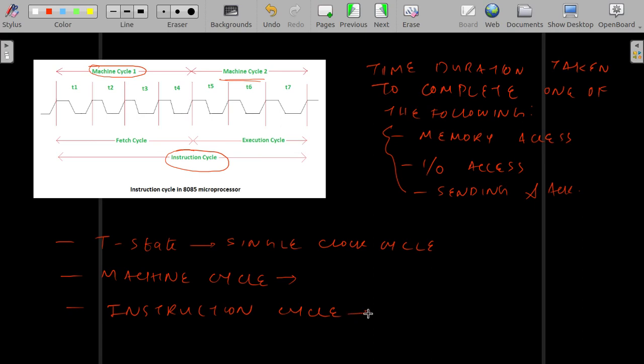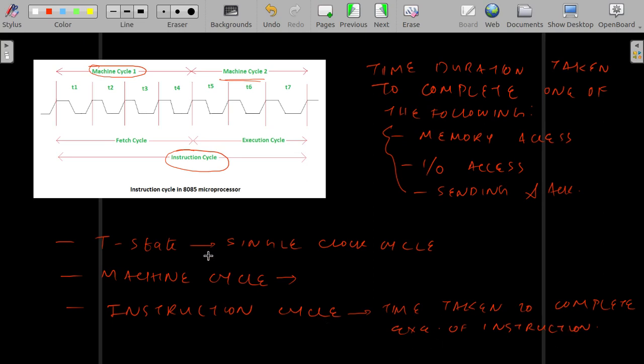That is, it is the time taken to complete execution of an instruction. That is our main purpose, execution of an instruction.